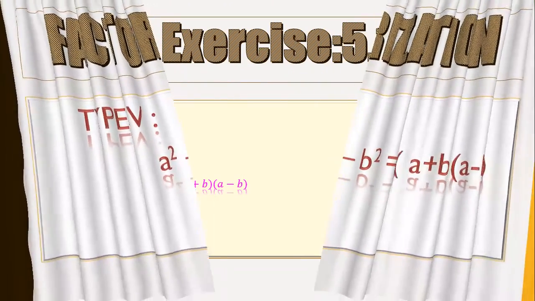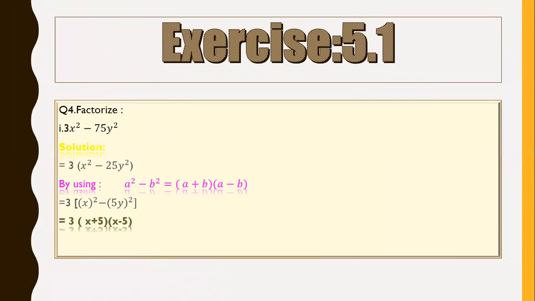The first part of question number 4 is 3x square minus 75y square. The same problem is here. 3 is not the square of any number, same as 75 is not the square of any number. It means that again we take common any number and the remaining terms will be the square of other numbers.